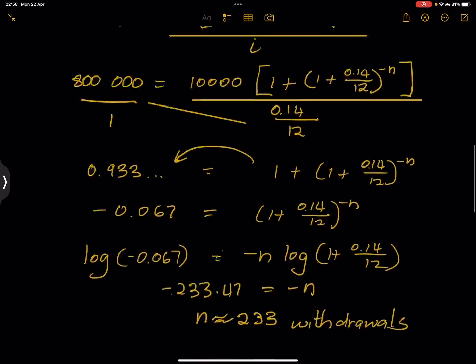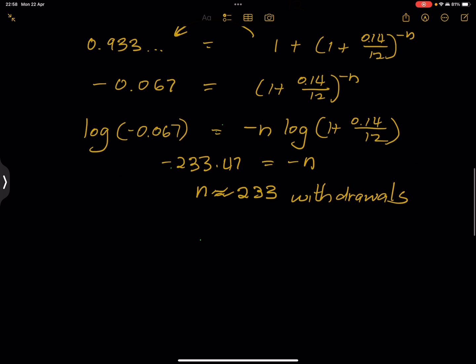Now remember, another way that you could have actually taken this is to say the accumulated amount from 800,000 minus the future value of all of these 10,000 rands that you are taking. Remember, the maximum amount would be when the accumulated amount becomes 0.